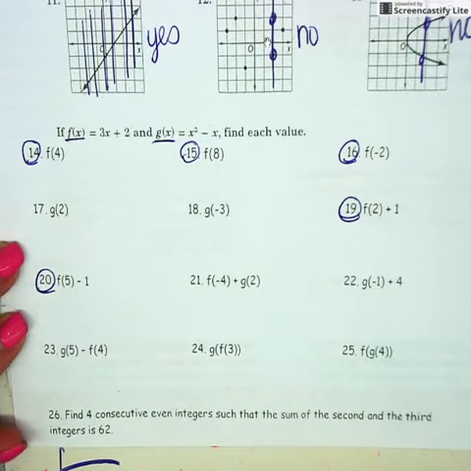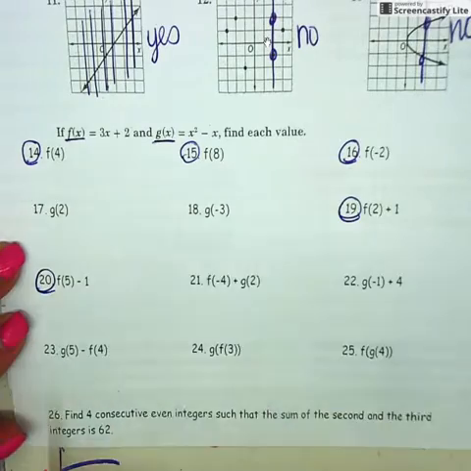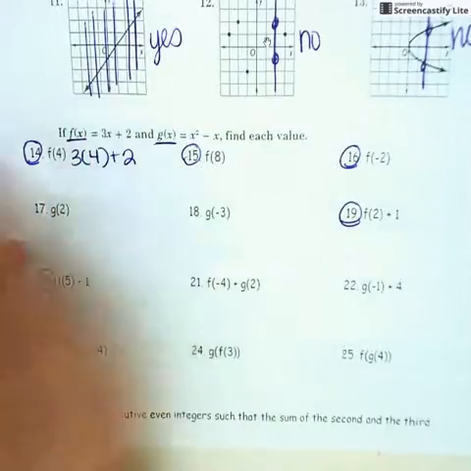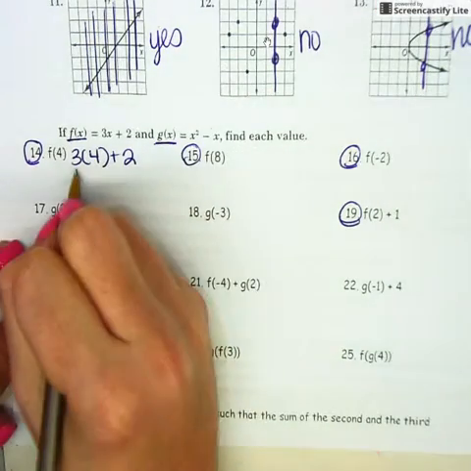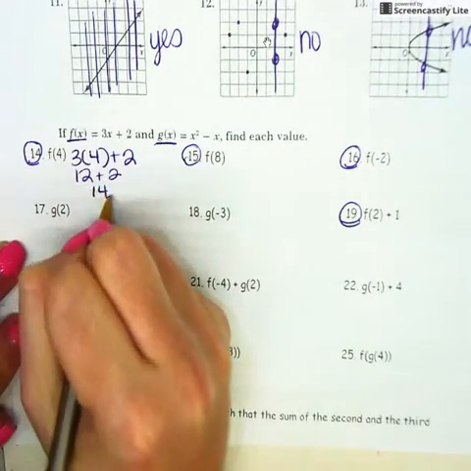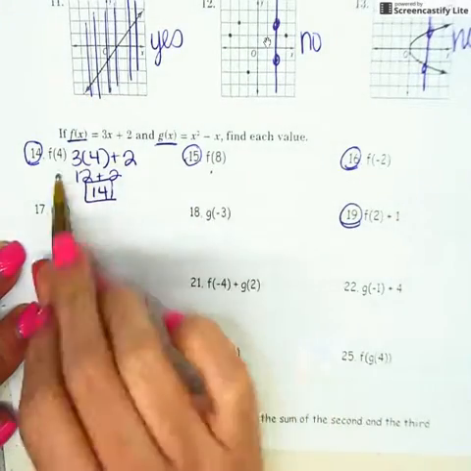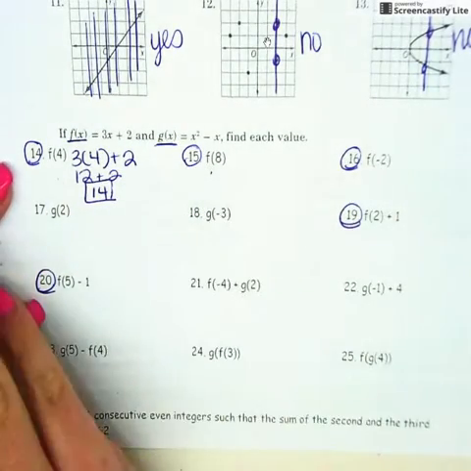So f of 4 would simply be 3 times 4 plus 2. 3 times 4 is 12. 12 plus 2 is 14.